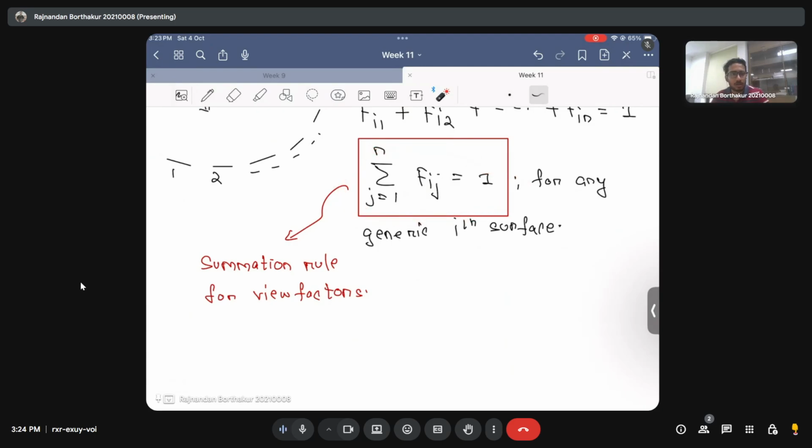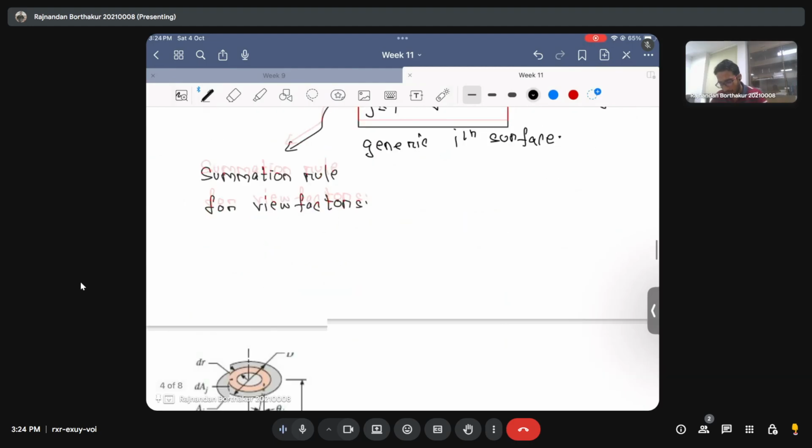From these three important relations, you can attempt any numericals involving view factors at your end, and I will show a few glimpses of these numericals in today's discussion hour.